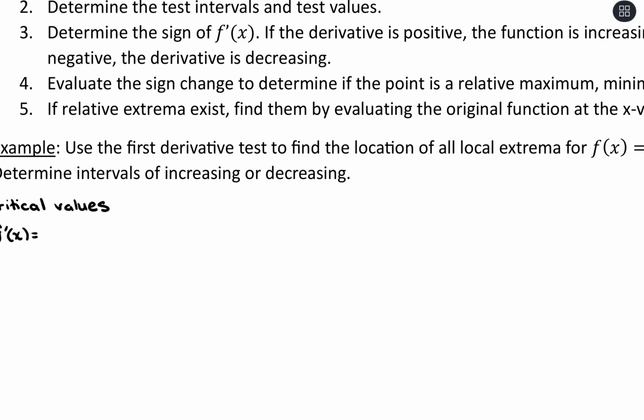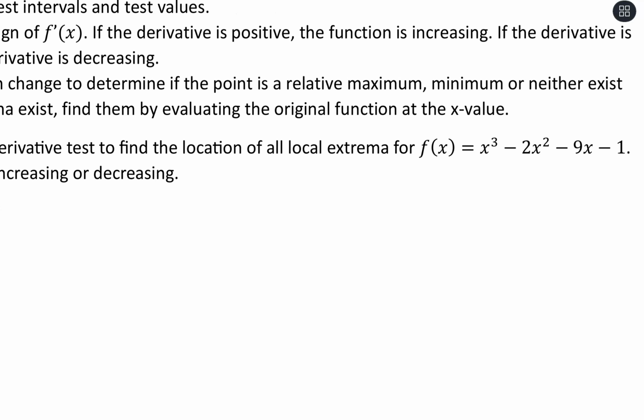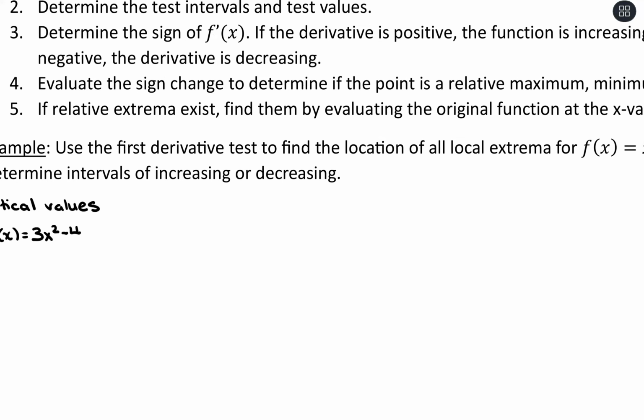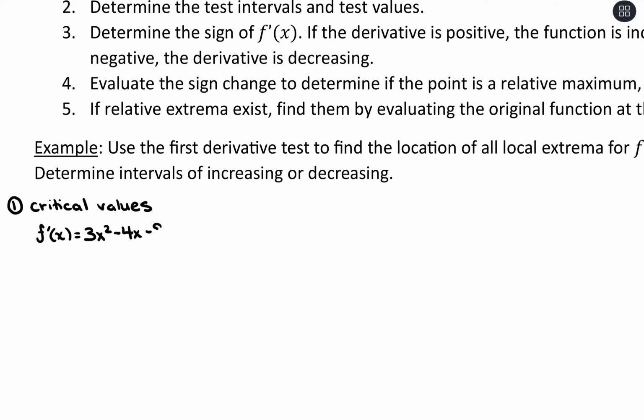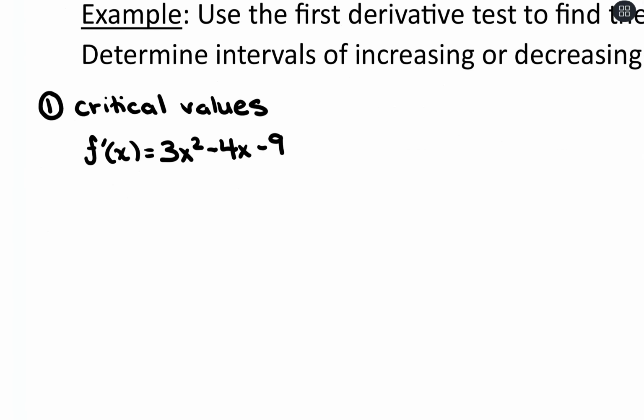So that's going to be 3x squared minus 4x minus 9. And what we want to do is see where this is equal to 0, and solve.